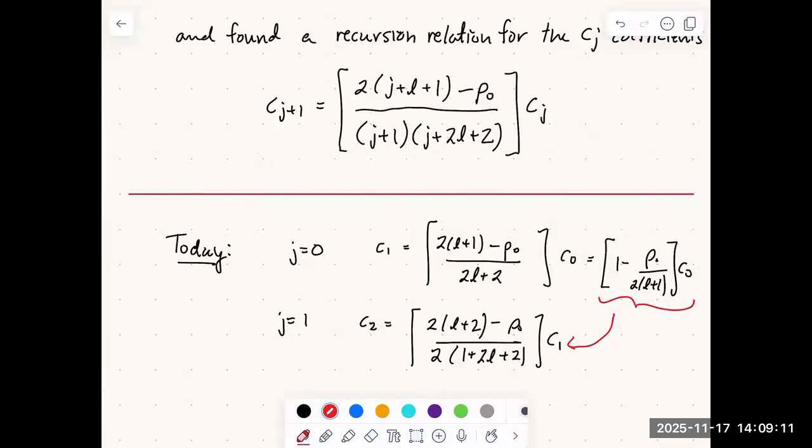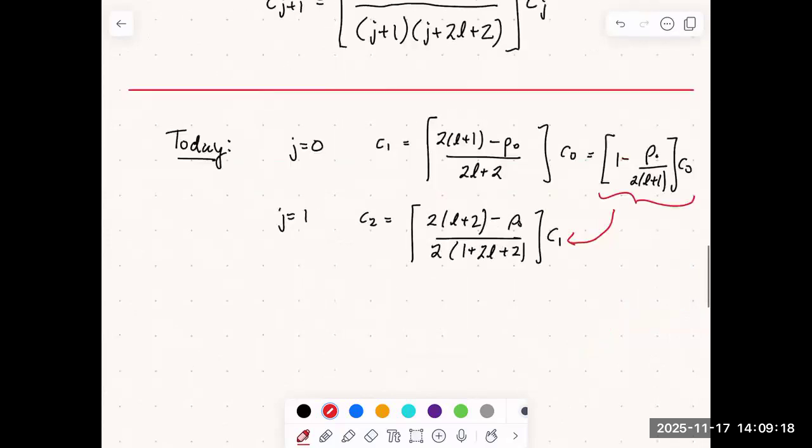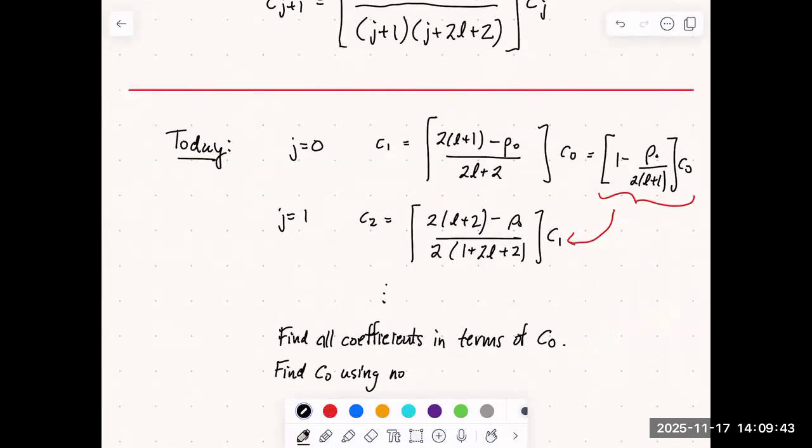So there's only one unknown, and the way we would get that last unknown coefficient is through normalization. So we can keep going in this manner and find all coefficients in terms of C0, and then we would need to find C0 using normalization. And we'll see how all that works eventually.